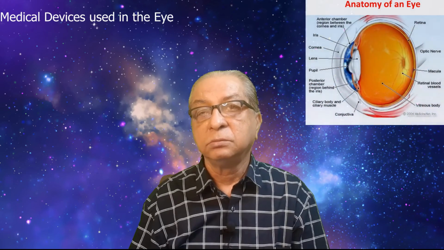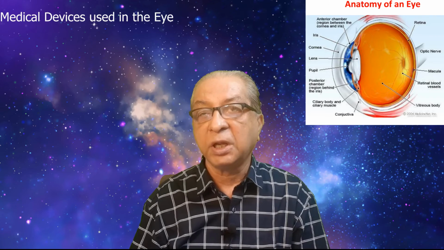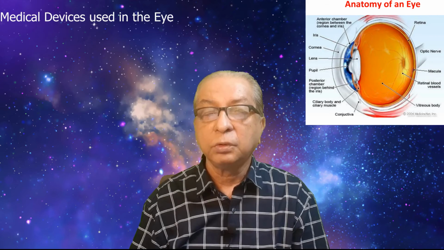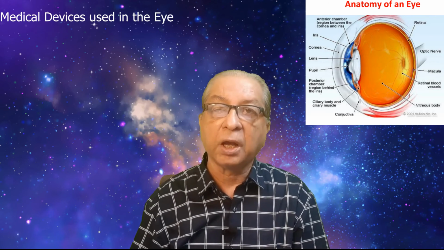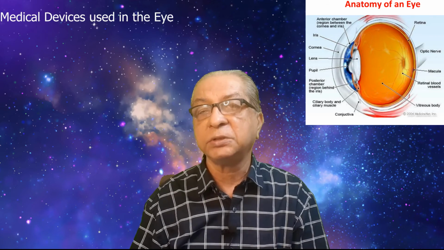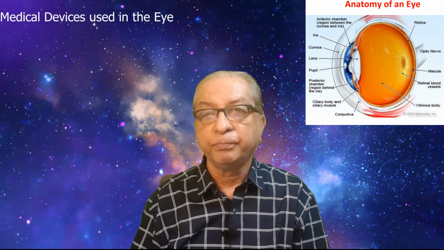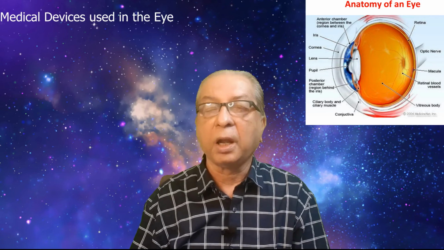Sometimes with an IV injection or a muscular injection, the medicine that the doctor prescribes need not reach the patient. So there are devices that can deliver medicines into the eye, into the right spot where medication is necessary. You have got an idea regarding medical devices used in the eye.